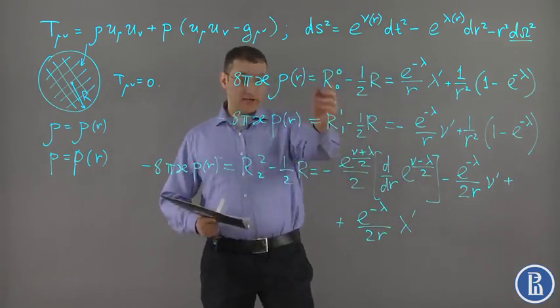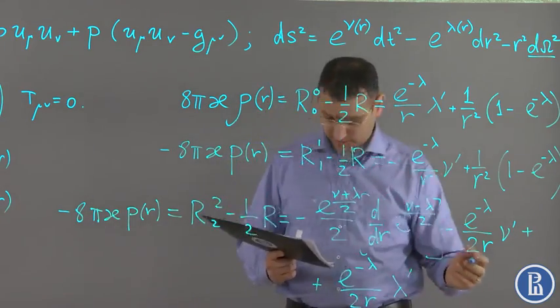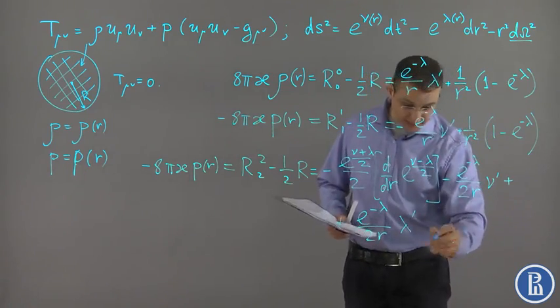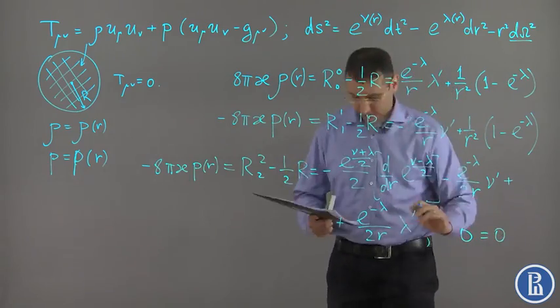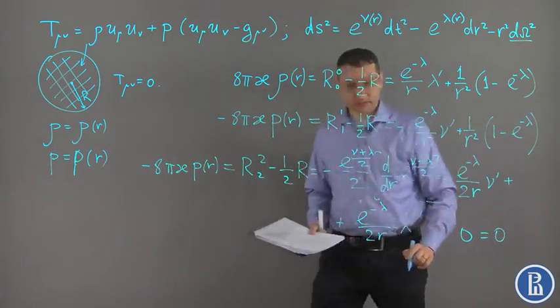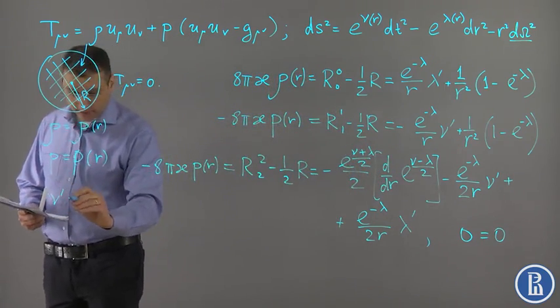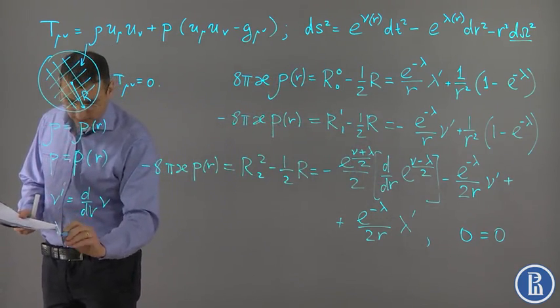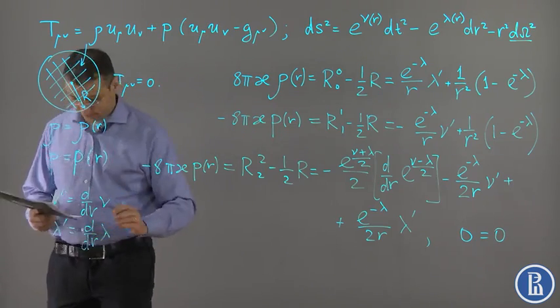So these are the non-trivial part of the Einstein equations. The rest of the equations either follow from these or are trivially satisfied, meaning that they just establish that 0 equals 0. And we have to stress that nu prime is just d over dr of nu, and lambda prime is d over dr of lambda.